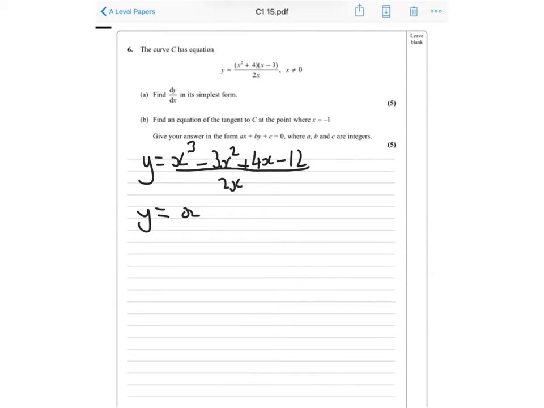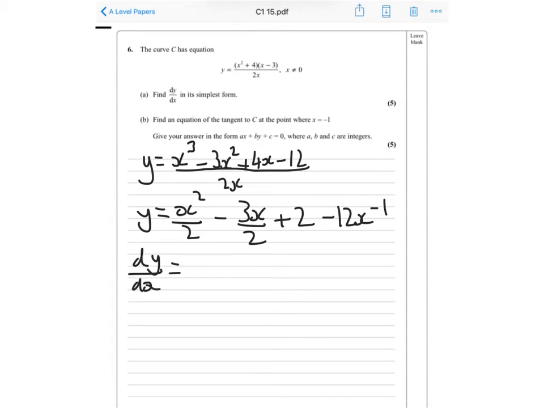That's going to become x squared over 2 minus 3x over 2 plus 2 minus 12x to the power minus 1. Now I can differentiate that. Alright, should be fairly straightforward.